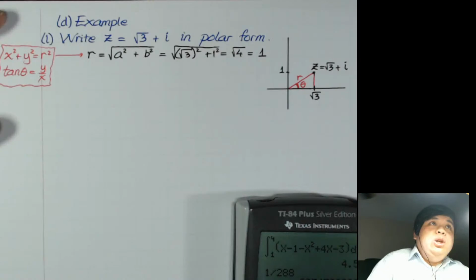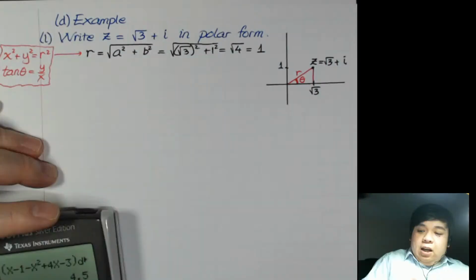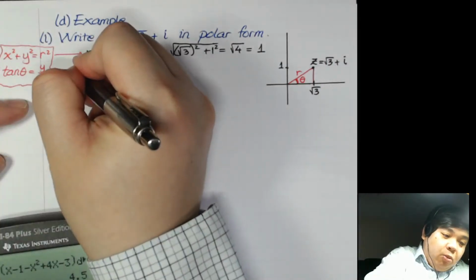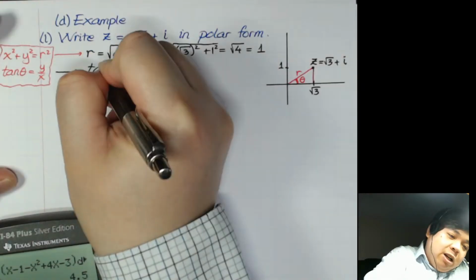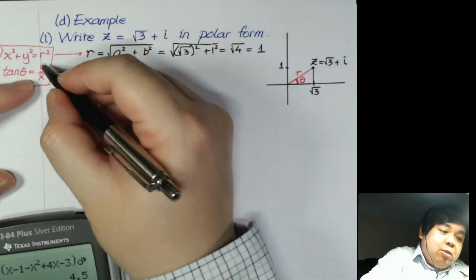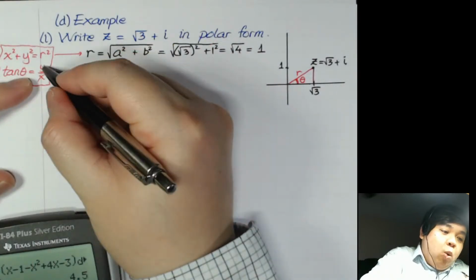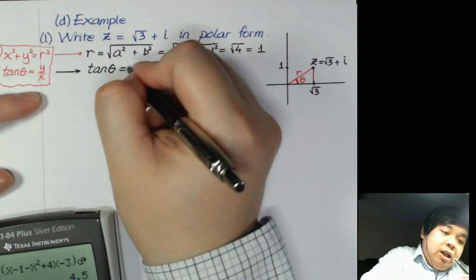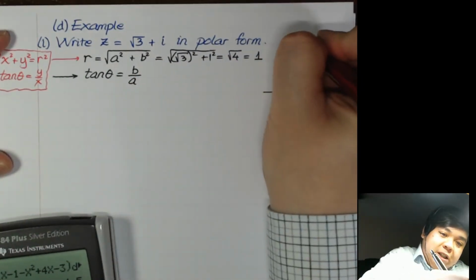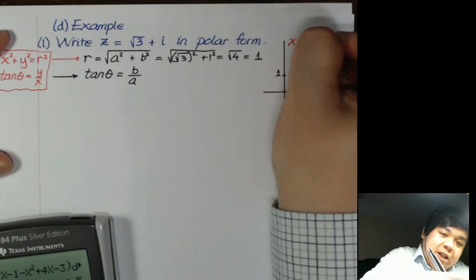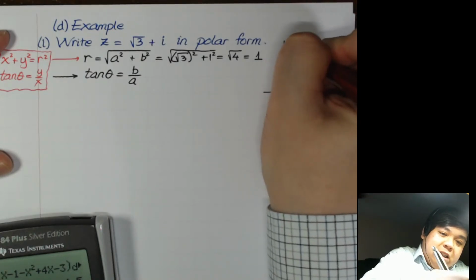We're using that, the same thing here. X is a and y is b. So instead of y over x, it's going to be b over a. So what we do is we let x be the same as a and y the same as b.